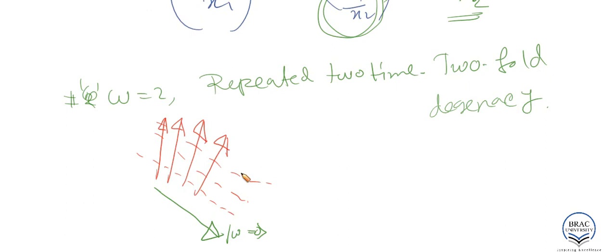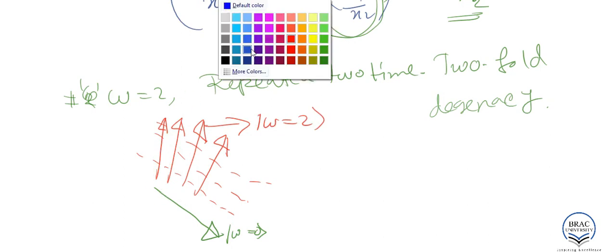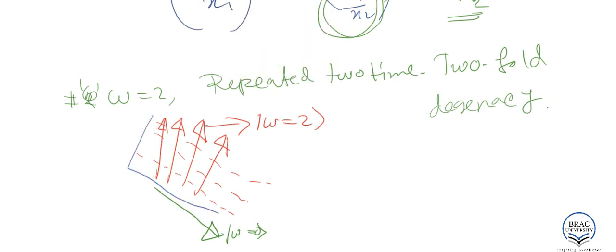So let me denote this line: this whole family of vectors, or you can say the set of vectors, will correspond to omega equals 2, and it lies in a plane that is perpendicular to the non-degenerate eigenvector, and all of them will be mutually orthogonal to the omega equals 0 eigenvector.